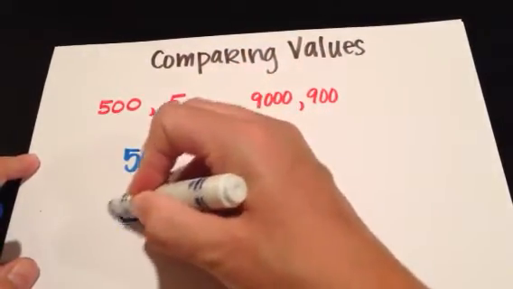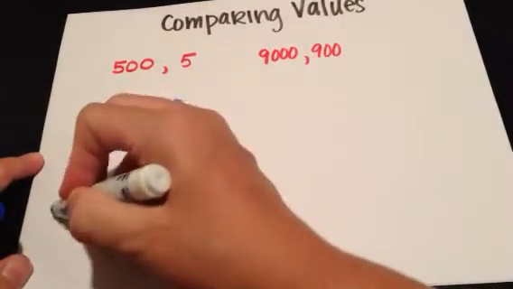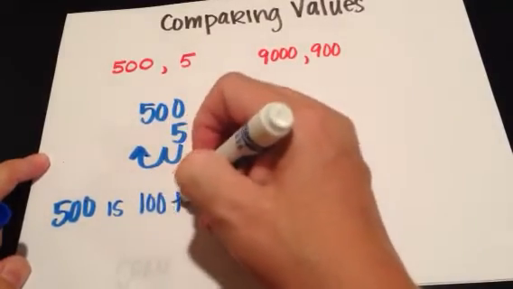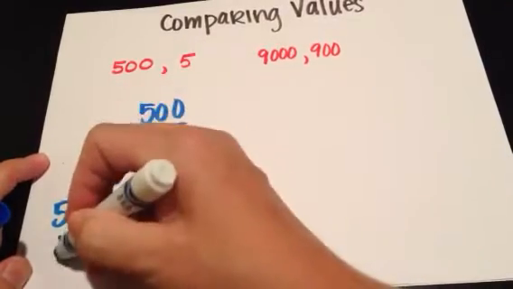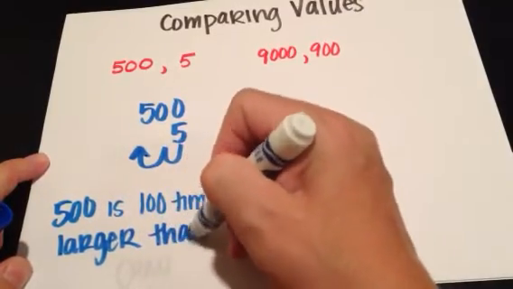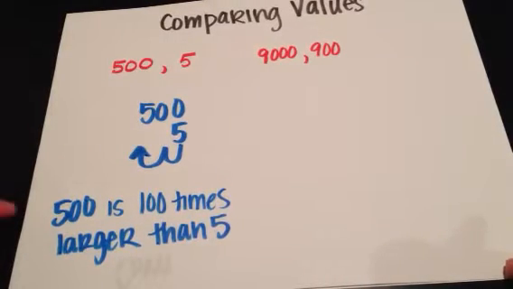So 2 jumps away to the hundreds place. Therefore, 500 is 100 times larger than 5. We could also say that 5 is 1/100th of 500.